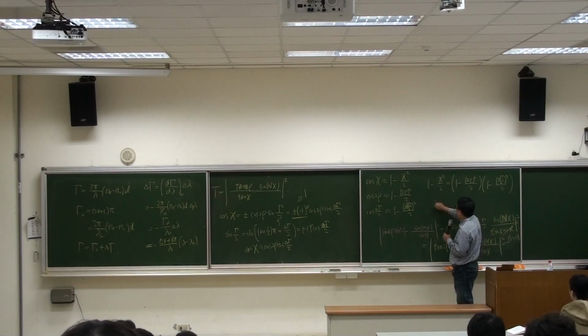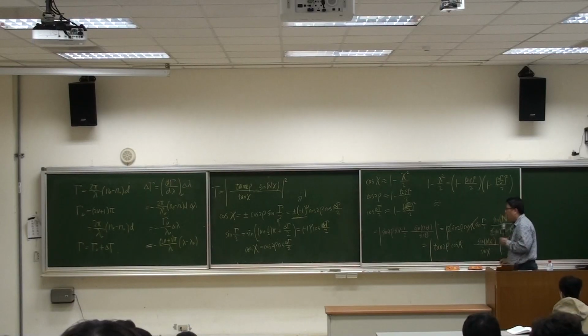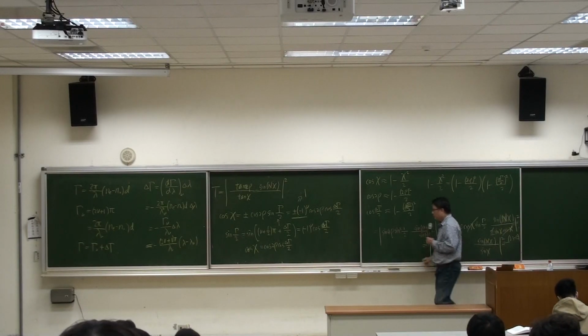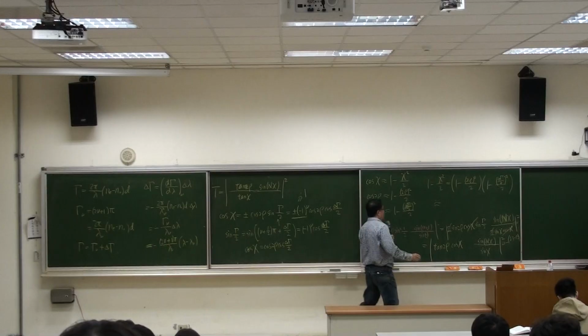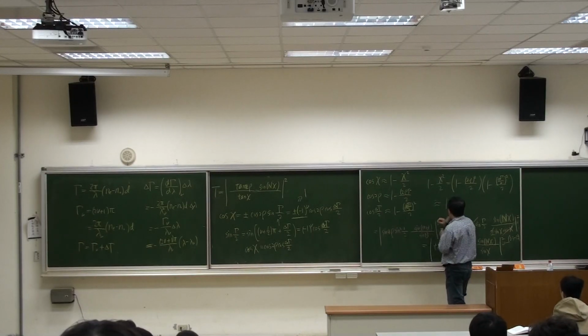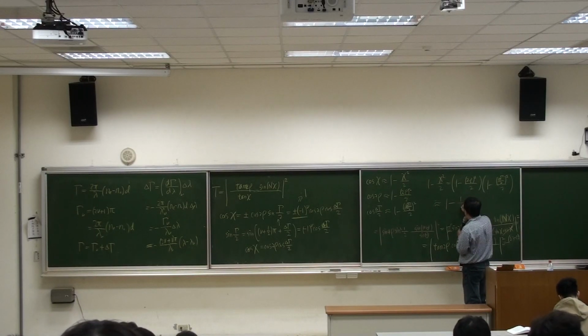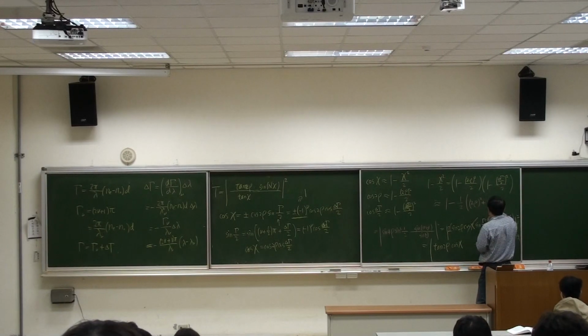And we ignore the fourth power term, and we find this is equal to 1 minus 1/2 times 2 rho squared plus half delta gamma squared.